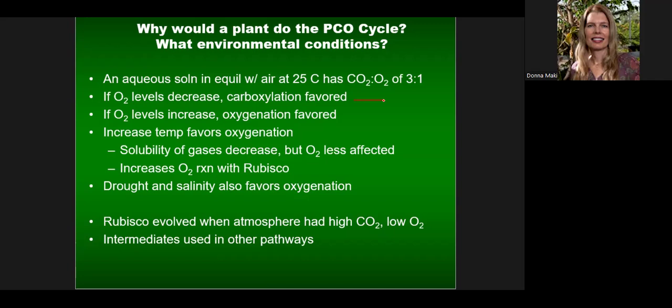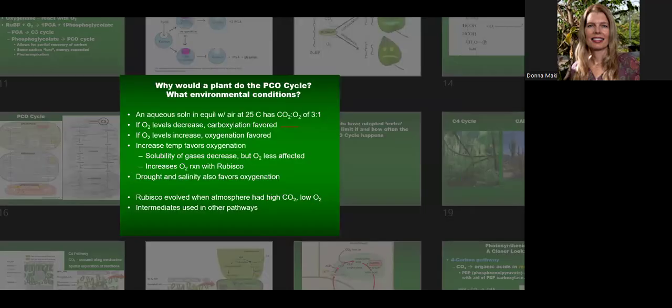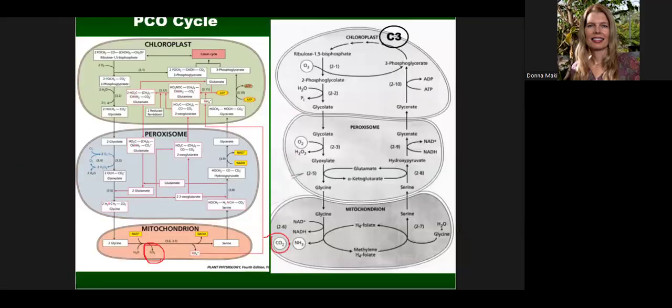And some plant physiologists are surmising, if you look at that complicated PCO cycle, maybe some of these intermediates are useful for other things. Maybe they get shunted off into other pathways that might have a little bit of advantage. They're pursuing that idea.